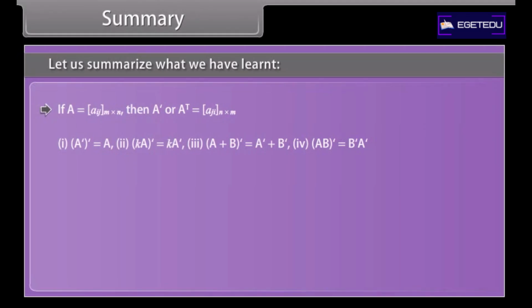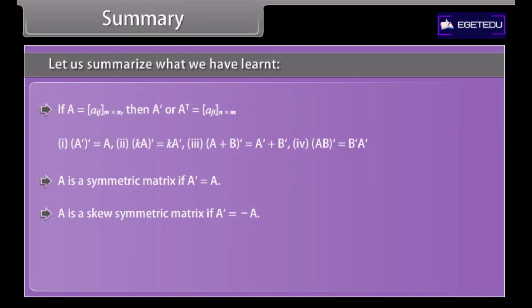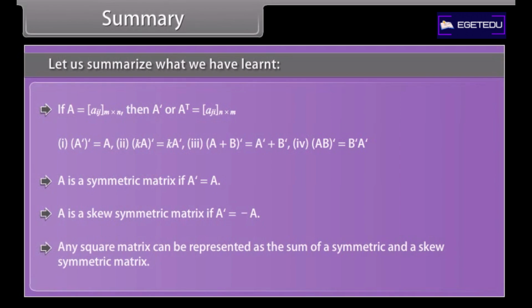Transpose of transpose of matrix A is equal to matrix A. Transpose of K into matrix A is equal to K into transpose of matrix A. Transpose of matrix A plus B is equal to transpose of matrix A plus transpose of matrix B. Transpose of matrix AB is equal to transpose of matrix B into transpose of matrix A. A is a symmetric matrix if A dash is equal to A. A is a skew symmetric matrix if A dash is equal to minus A. Any square matrix can be represented as the sum of a symmetric and a skew symmetric matrix.